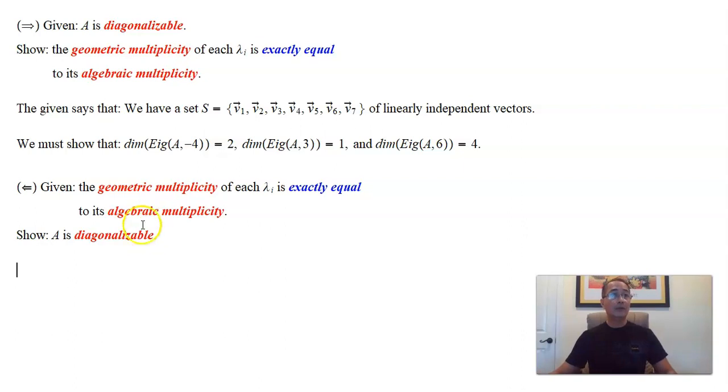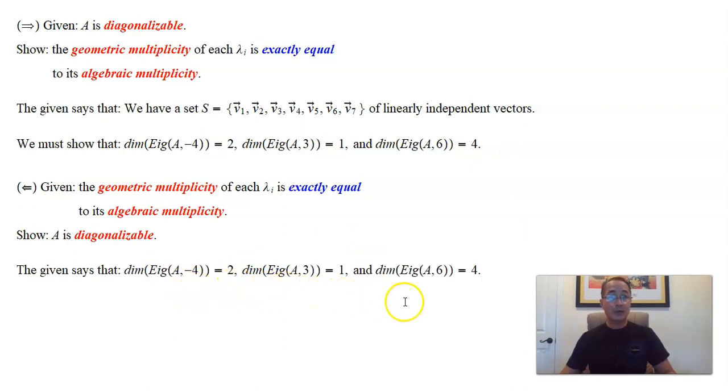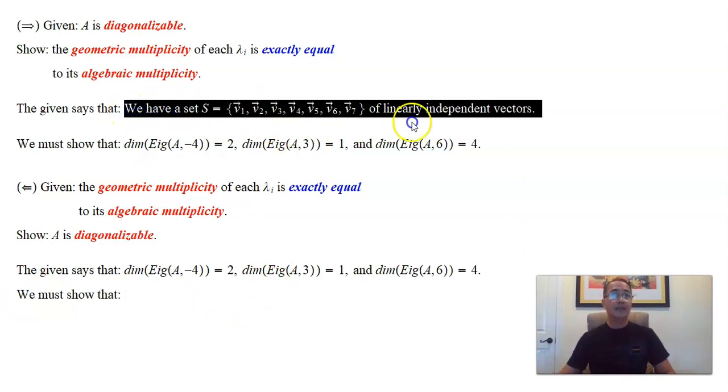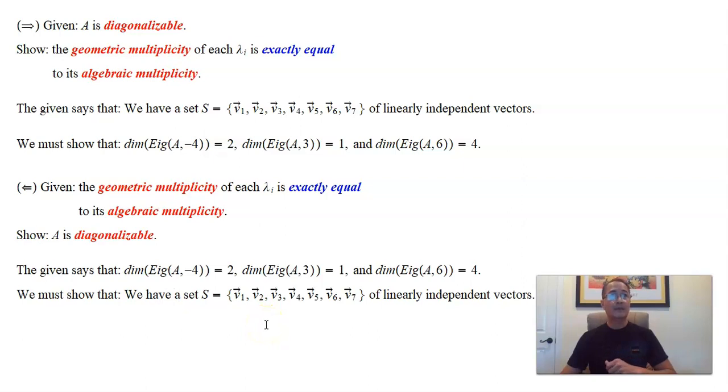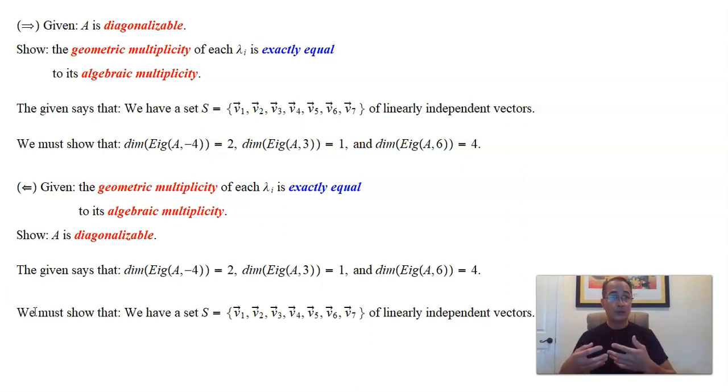So we are also going to switch what we have over here. This time, the given says that these dimensions are exactly what we want them to be. They can't be smaller than those numbers. And now what we want to show is that we have a set S made of 7 linearly independent eigenvectors. So the given and the conclusions change roles.